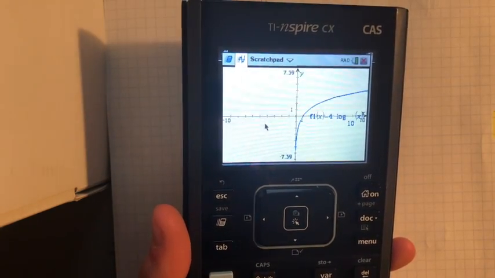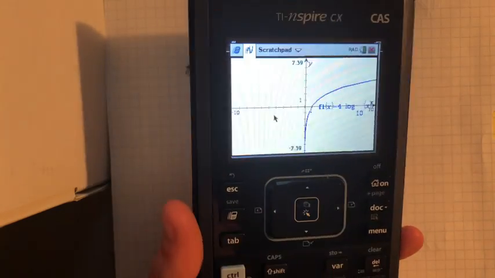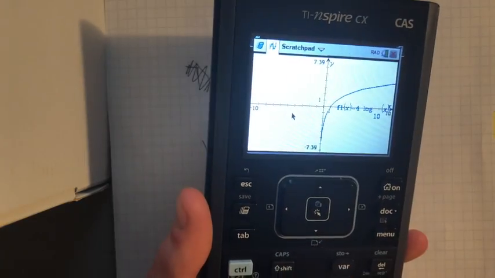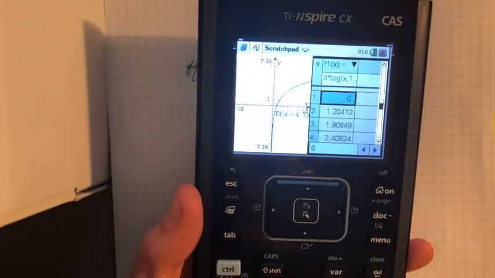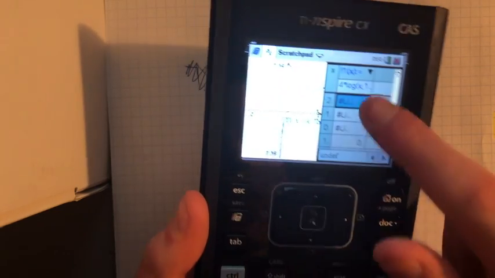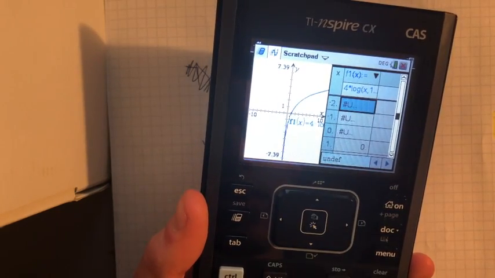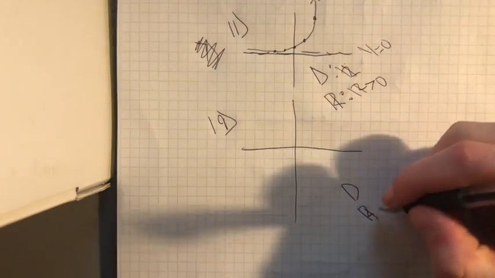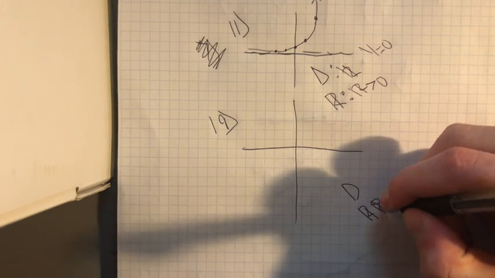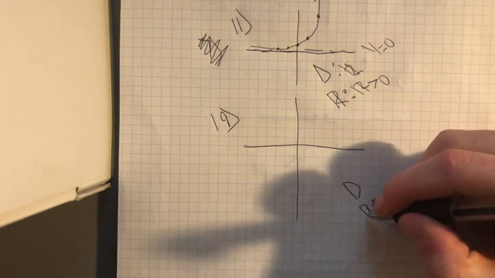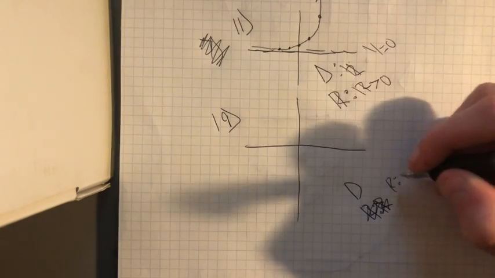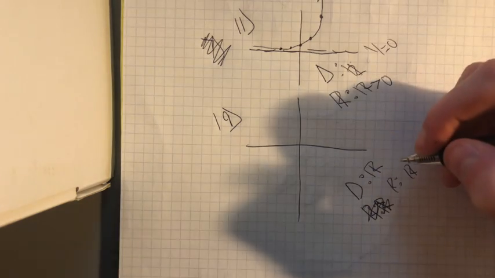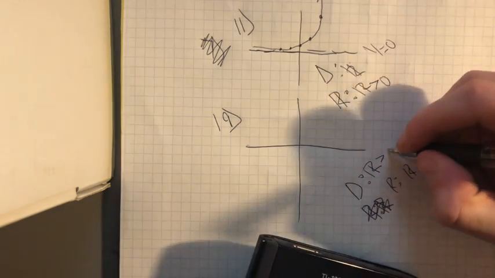So I think that's what it is. Oh yes, of course. And then we control T, and see, it's undefined because our domain is restricted, not our range. So our range is all real numbers, and our domain is all real numbers greater than 0.